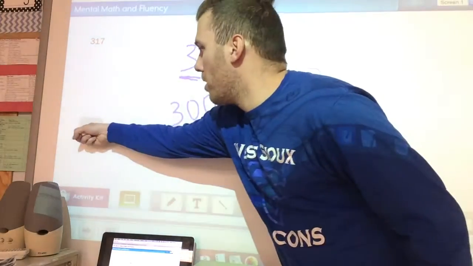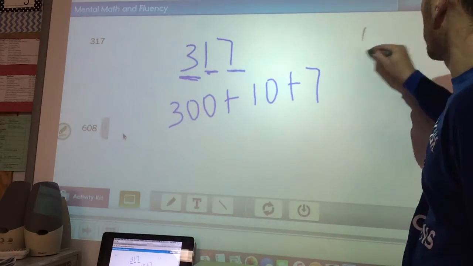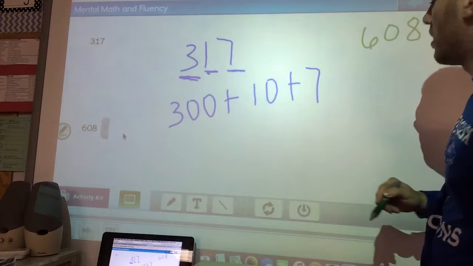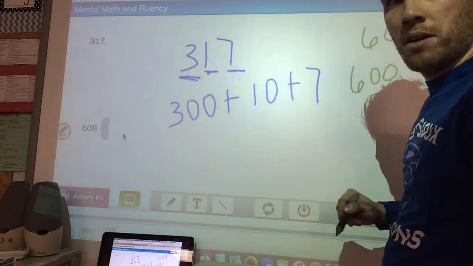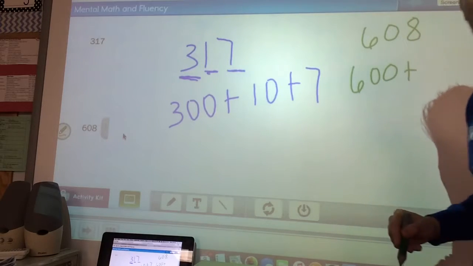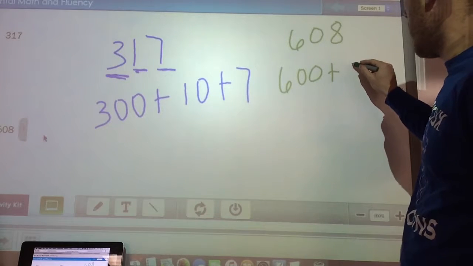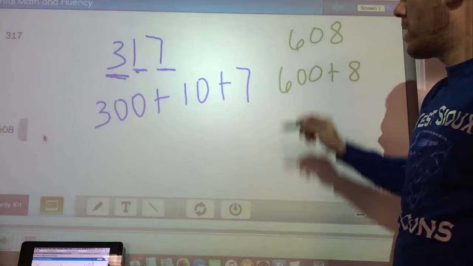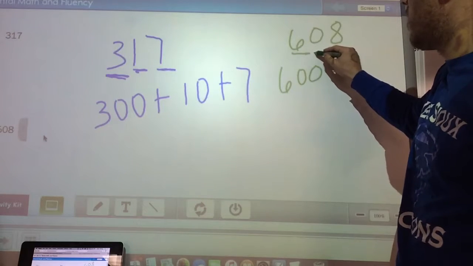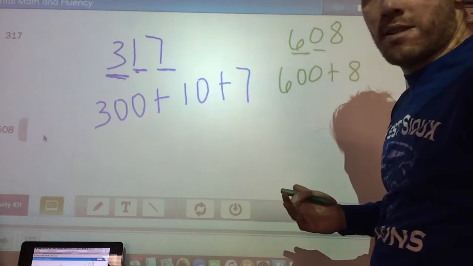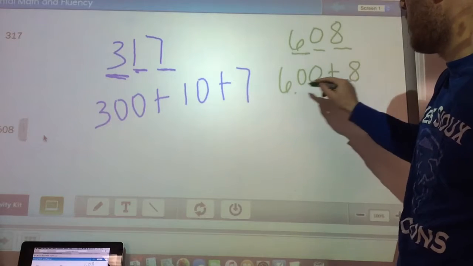Now if I wanted to do 608, I would write it as 600 plus 8, because we have 6 in the 100 spot, we have 0 in the 10, so we don't have to write that since it's 0, and then we have 8 in the ones, so we would write it as 600 plus 8.